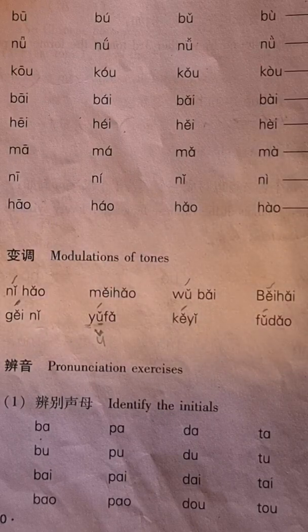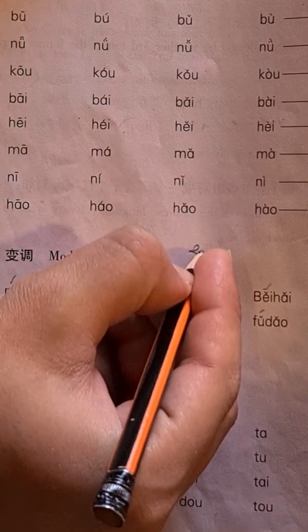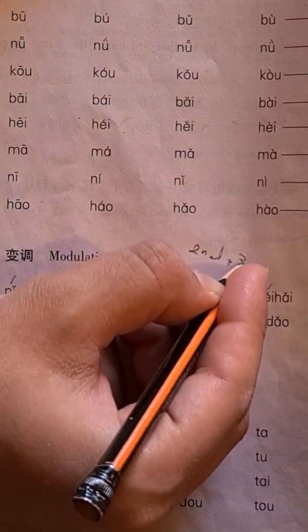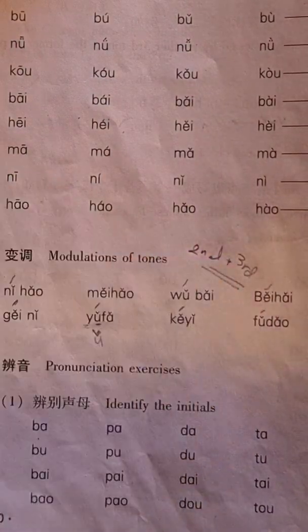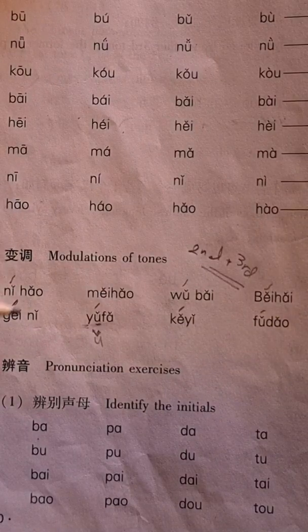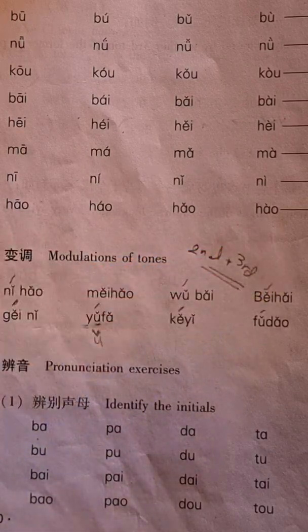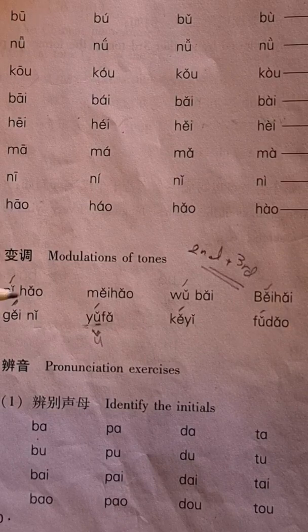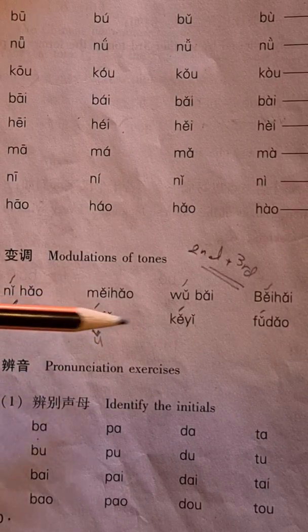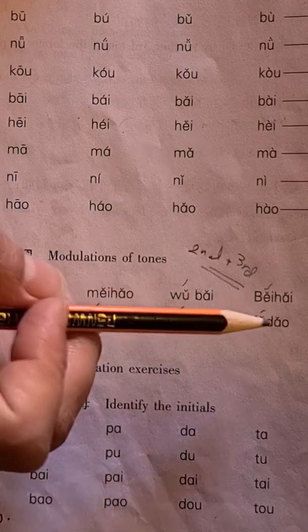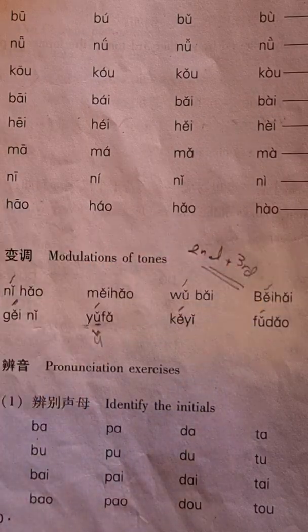I'm gonna pronounce them for you one more time. 你好, focus guys, we're changing only in pronunciation into the second, and after it we're putting the third, okay? So 你好, 美好, 500, 北海, 给你, 语法, 可以, 辅导, okay?